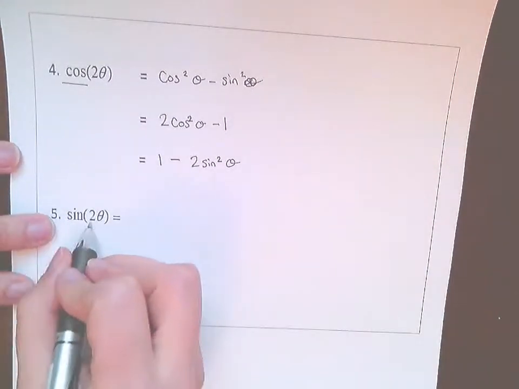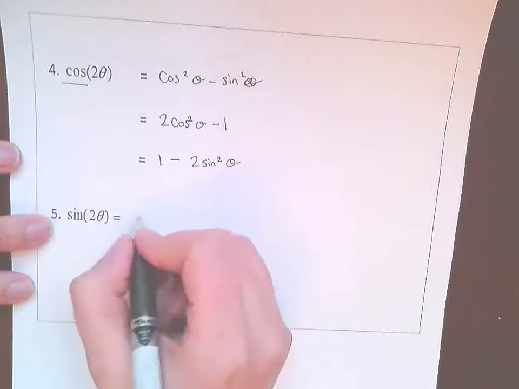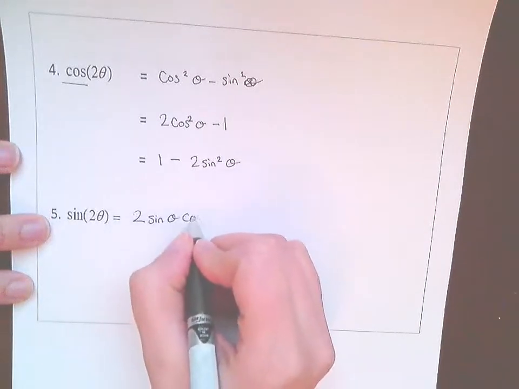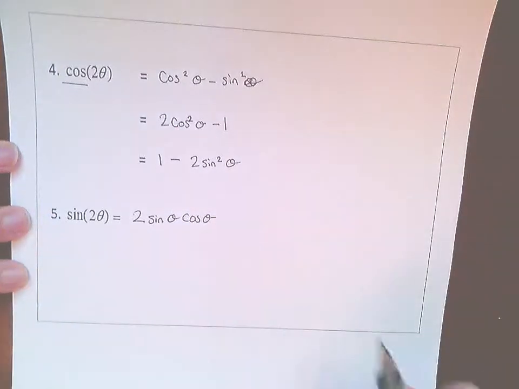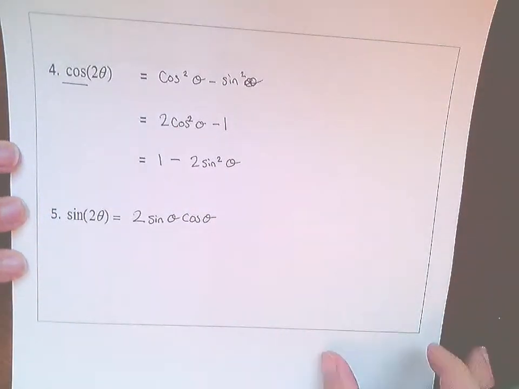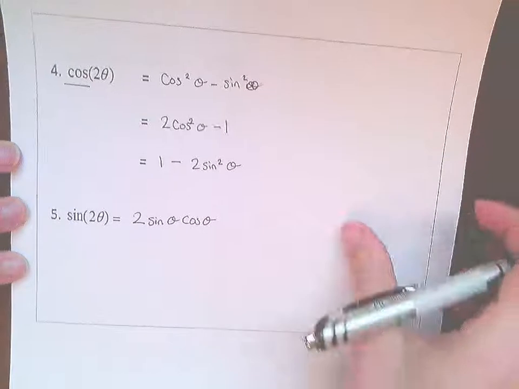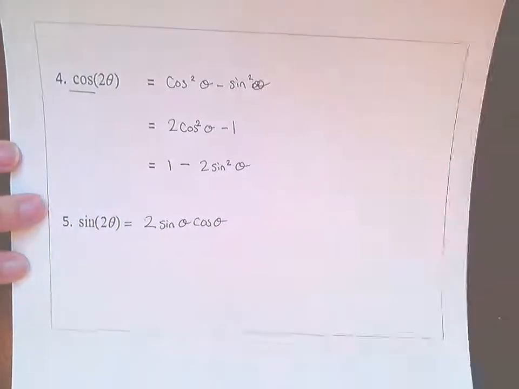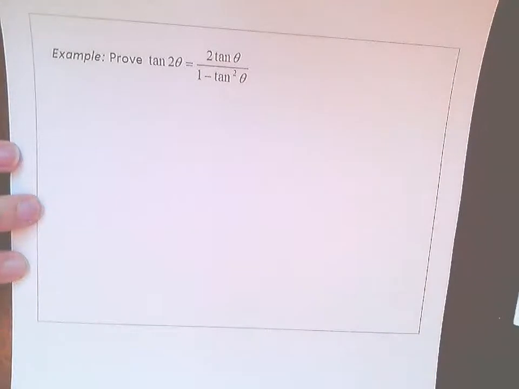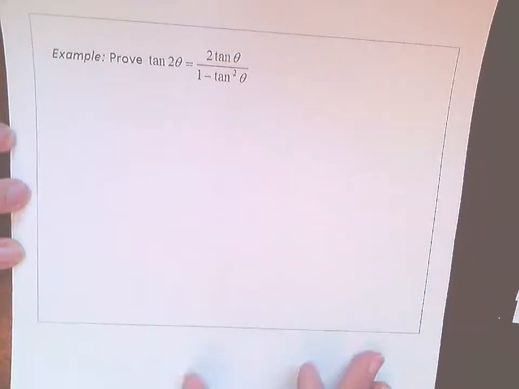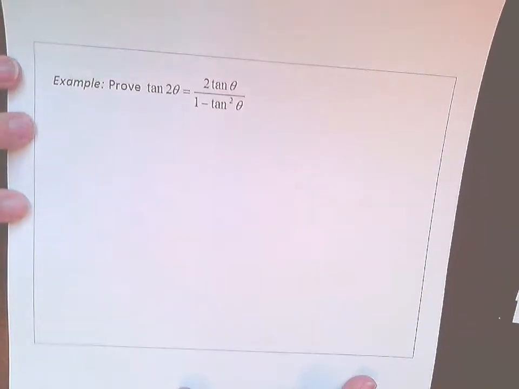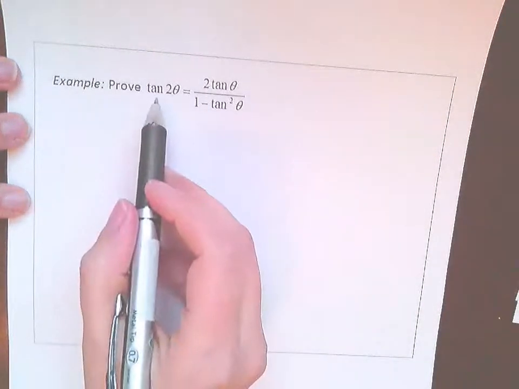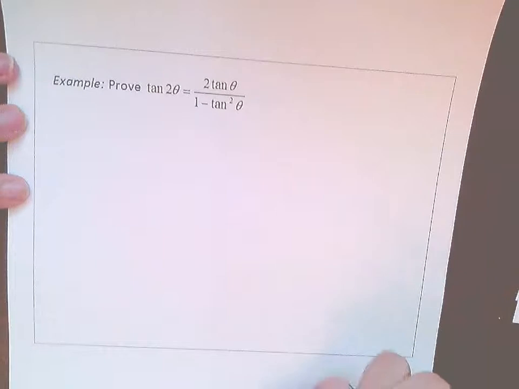Now, sine of 2 theta is pretty easy. It's just 2 sine of theta cosine of theta, and that's the only one that is there. Okay, so now that you have your identities for sum, difference, and double angle to add on to the fundamental identities that you guys took a quiz on today, you'll see why this is important in just a second.